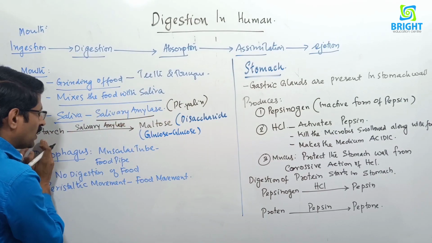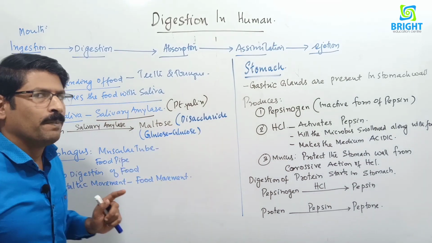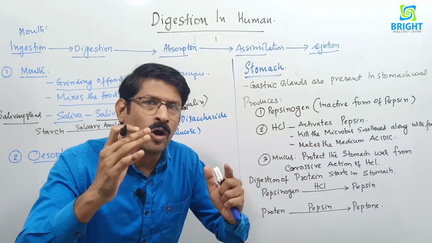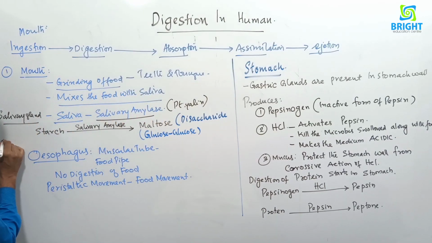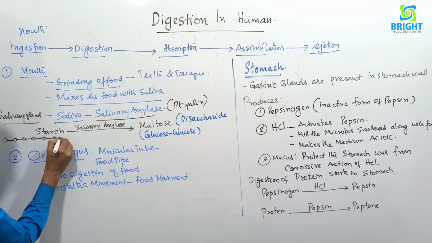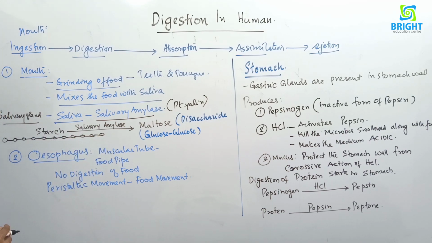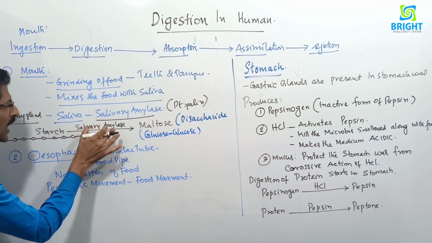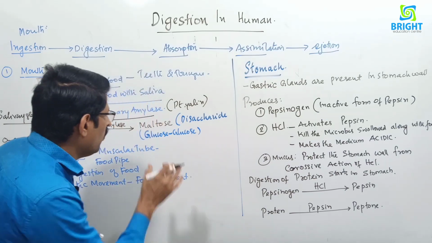What is the difference between starch and maltose? Starch is a long chain of glucose molecules. So this is glucose, this is another glucose, this is another glucose, and thousands of glucose molecules may be present in one starch molecule, and salivary amylase breaks down this starch into maltose.